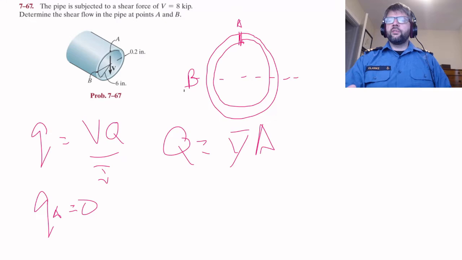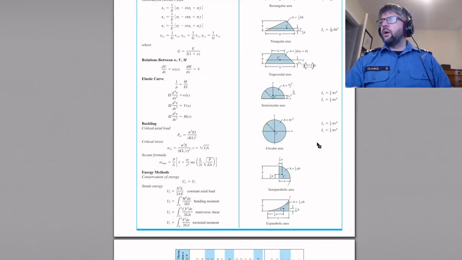So first off, let's figure out what our I is. So again, we are talking circles. So let's go to our chart here.